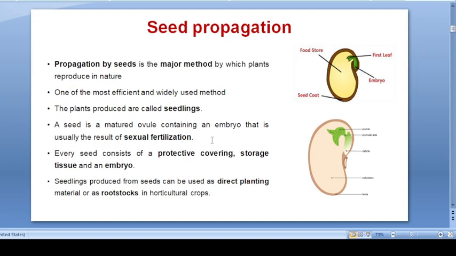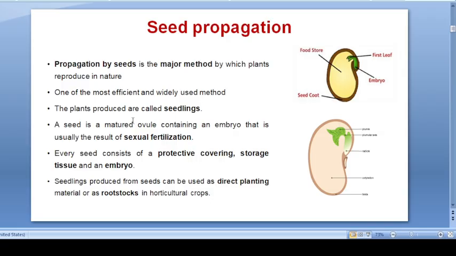So what is a seed? It is the propagation material which has an embryo sac and also a seed coat. So this is the source of propagation for any agriculture or horticulture field. Normally, this is the method which is extensively used for multiplication of the plants.